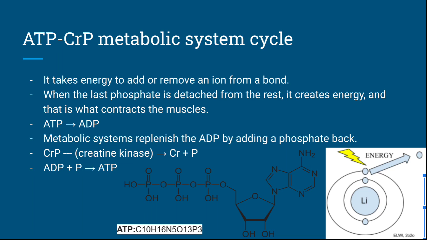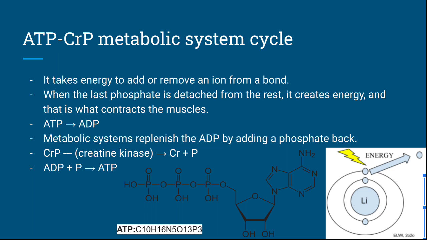The creatine phosphate is broken down by the enzyme creatine kinase, which produces creatine and phosphate, as you can see on the slide. These are the two products. The phosphate is then bonded to the ADP to make it turn back into the ATP. This is a quick, vague summary of how the metabolic energy system works, but it provides us with a reference point to compare and contrast with.